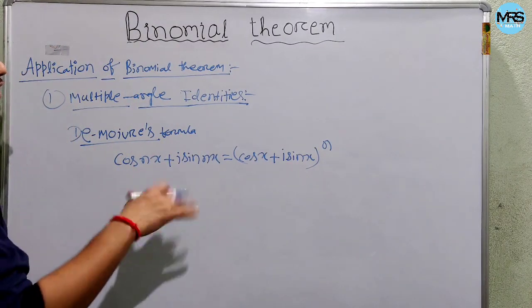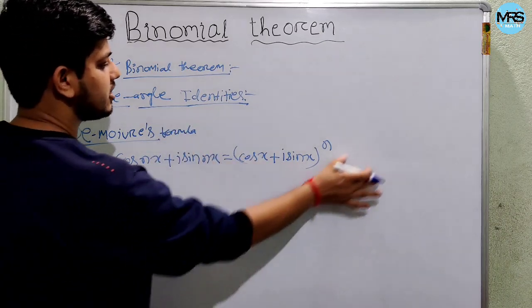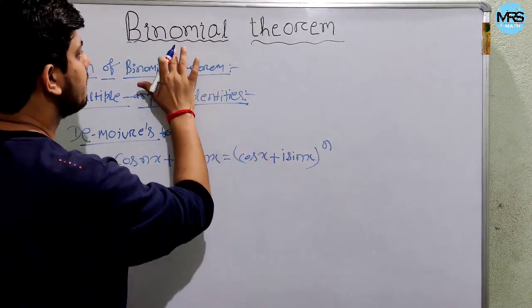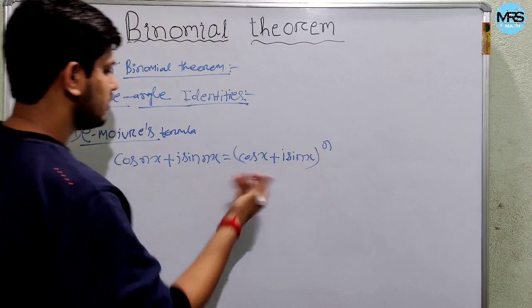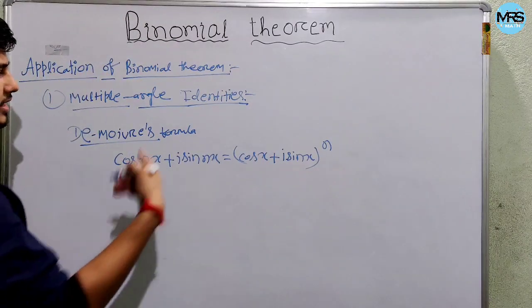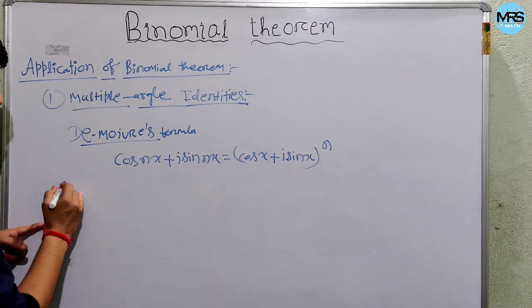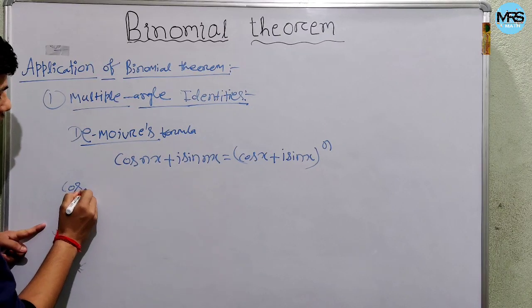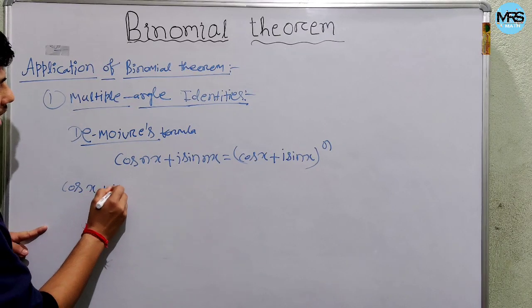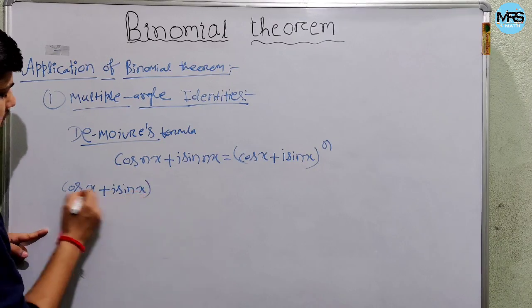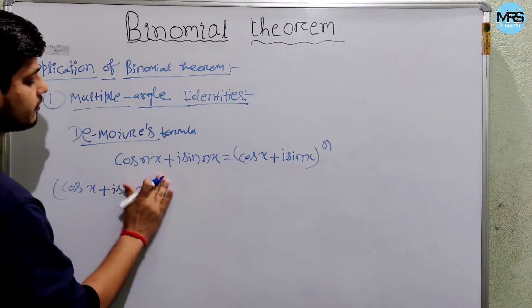Now we are going to expand this term by the binomial theorem. So how will we do it? Let us try by taking n equal to 2. Then what will you get? (Cos x plus i sin x) whole to the power 2.